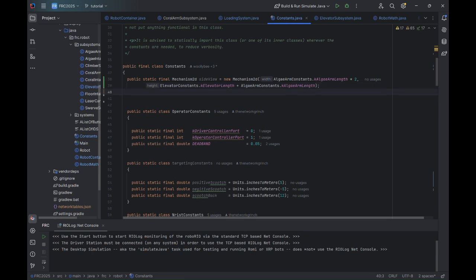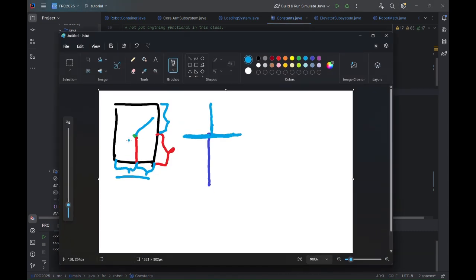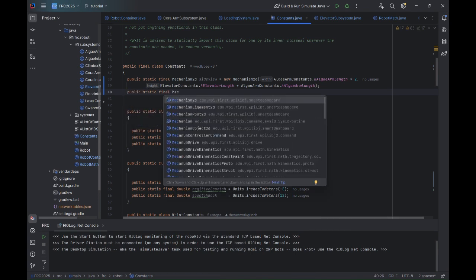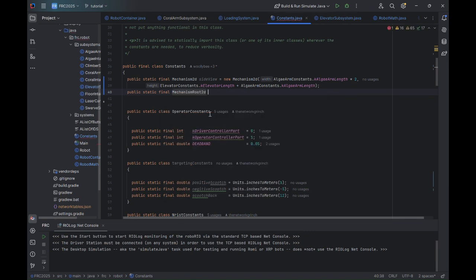And next is our root. Yeah, so see the ligament and the root. I'll just call it elevator carriage.